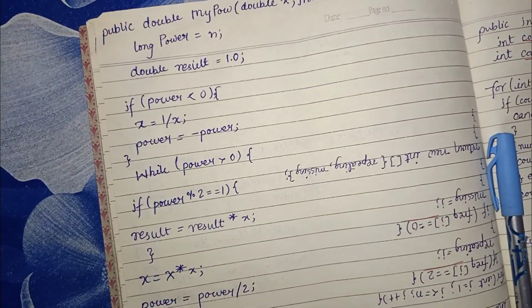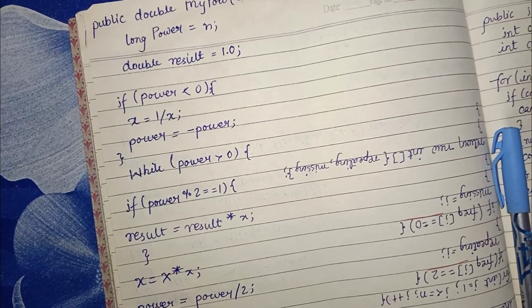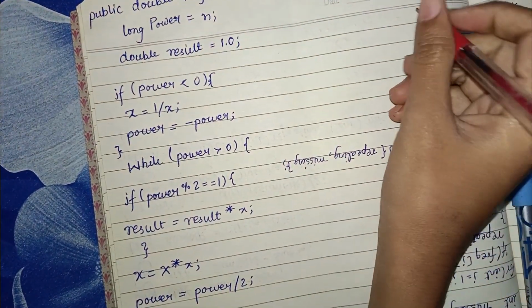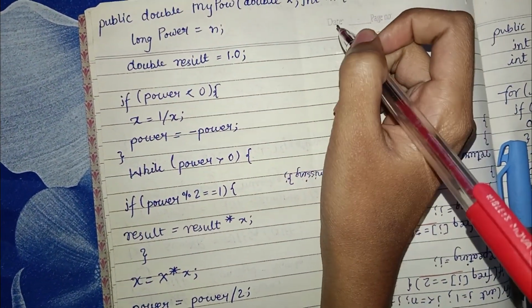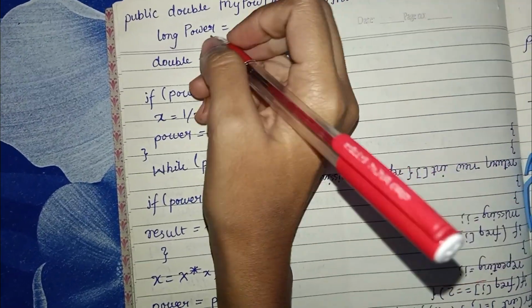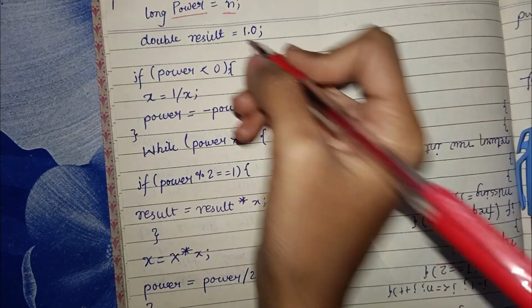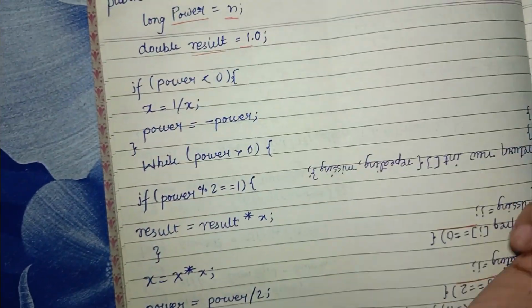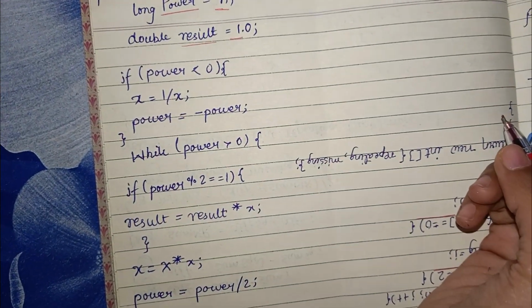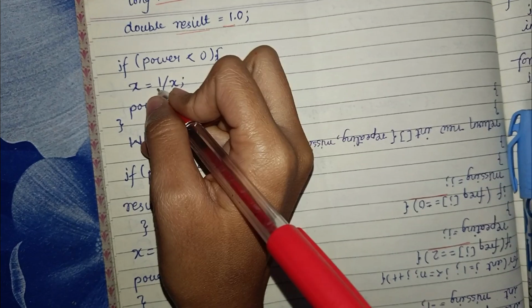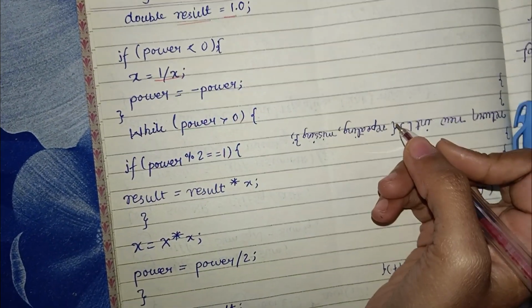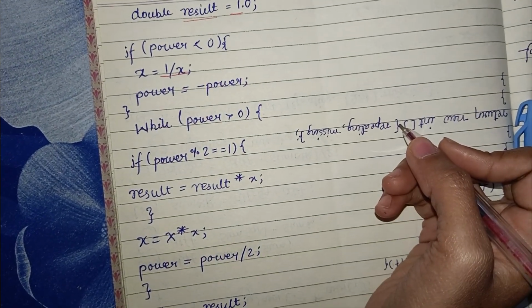Let's discuss the optimized approach. This approach is called binary exponentiation. First, we store n in a long variable to handle overflow. We initialize result as 1. If n is negative, we convert x to 1 by x and make n positive.